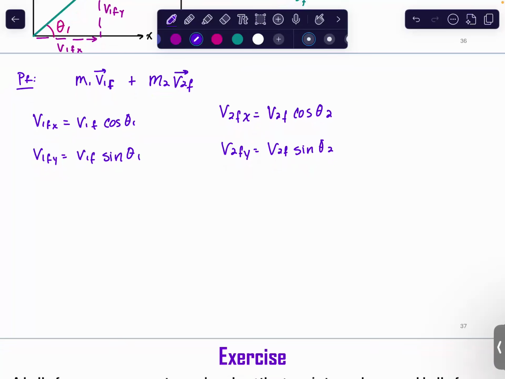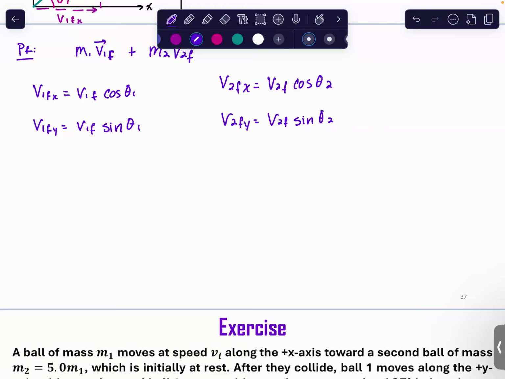What this means is that when we analyze our systems, we can actually analyze the x and y directions independently. So for this system, we would do conservation of momentum.